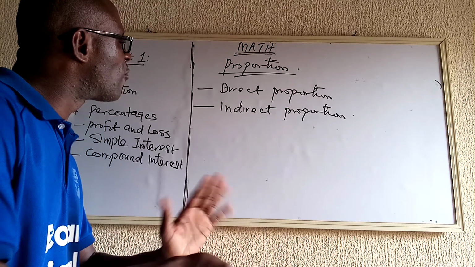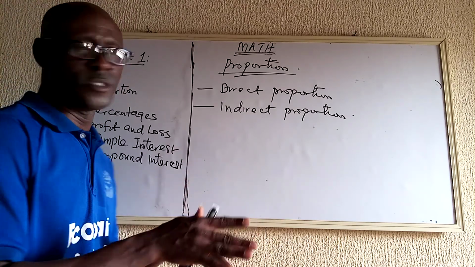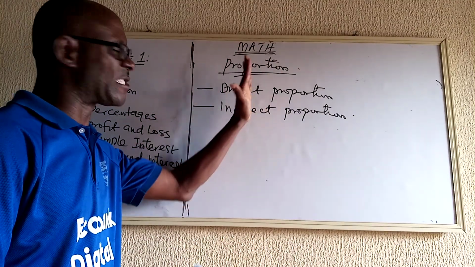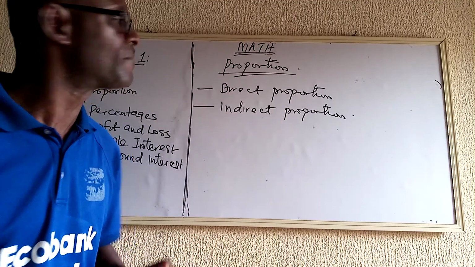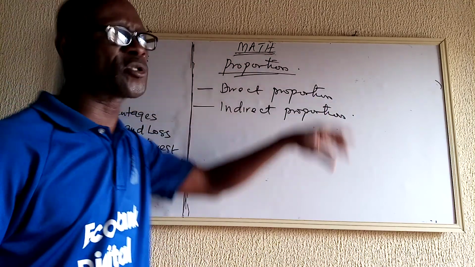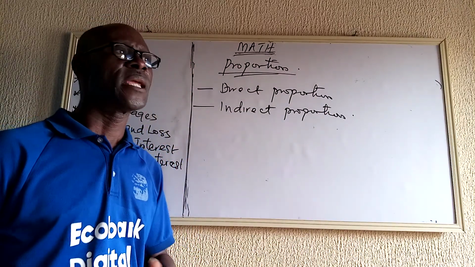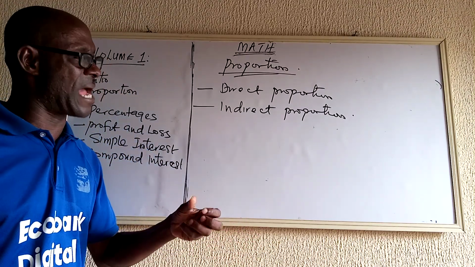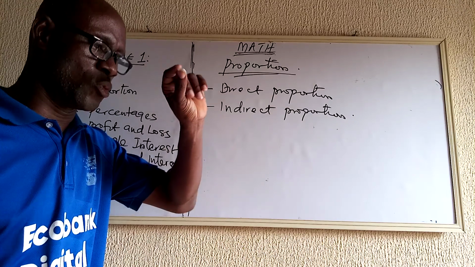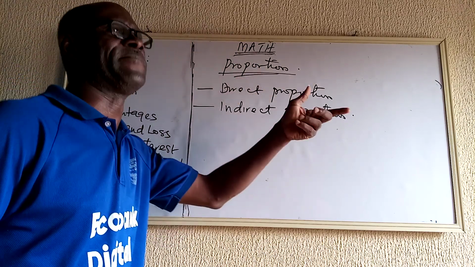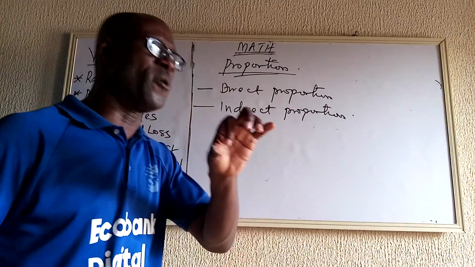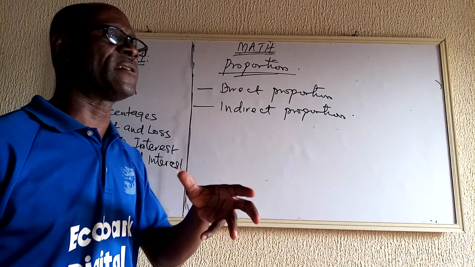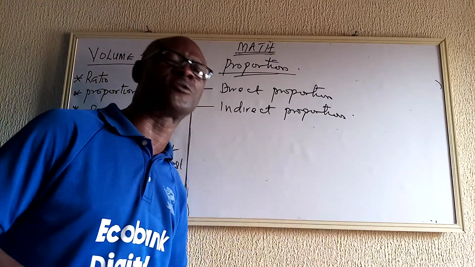Let me just give one example of each before I round up for today. Direct proportion, for example, if 3 items are bought, let's say, for a certain amount of money.